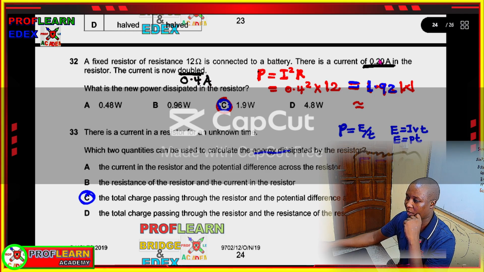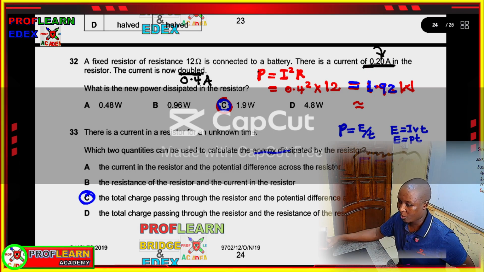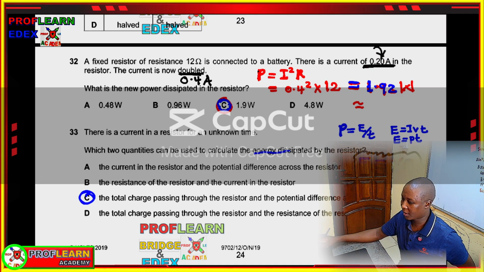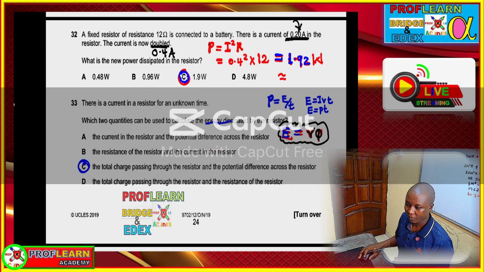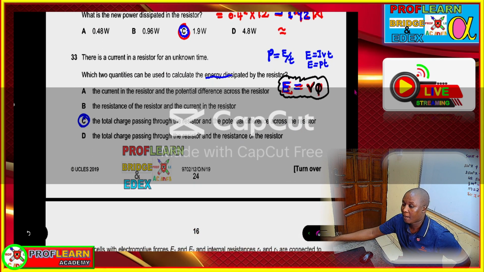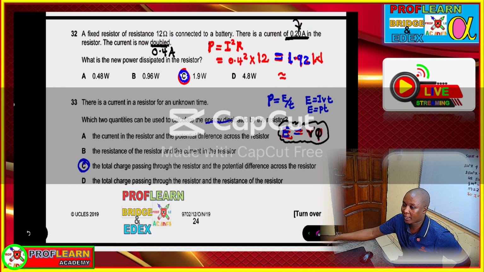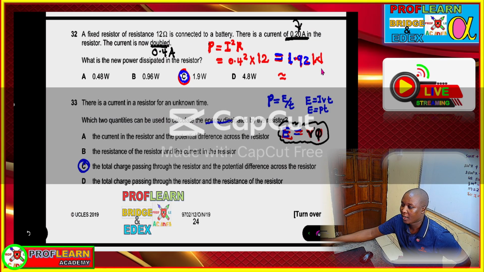So we can comfortably say this is going to be I squared, which is 0.4 squared, times the resistance of the resistor, 12, and that is going to be 1.92, which is 1.9 watts.